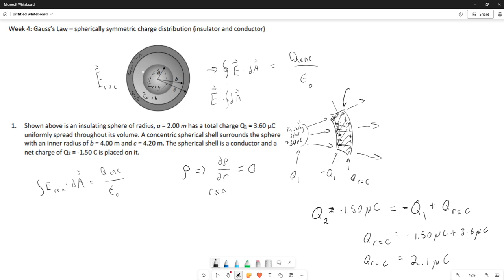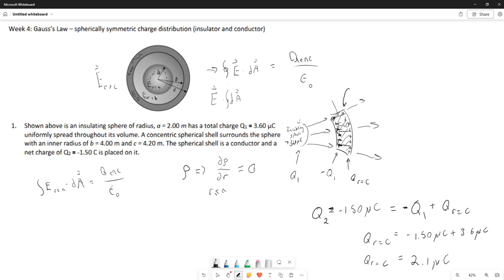But we can get the charge density because we know inside the insulating sphere that charges are distributed uniformly. And just like how when mass is distributed uniformly through an object, we can take the total mass divided by the total volume and get the mass density, we do the same thing with charges when it's distributed uniformly.